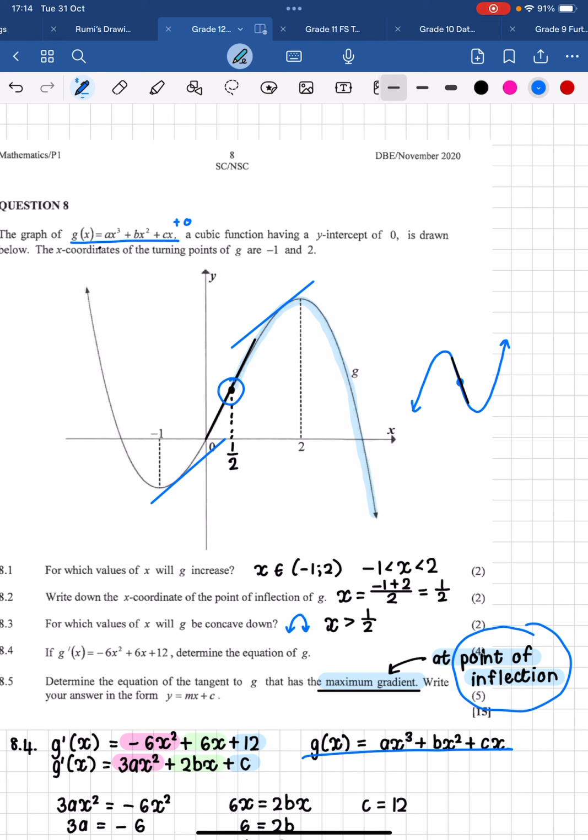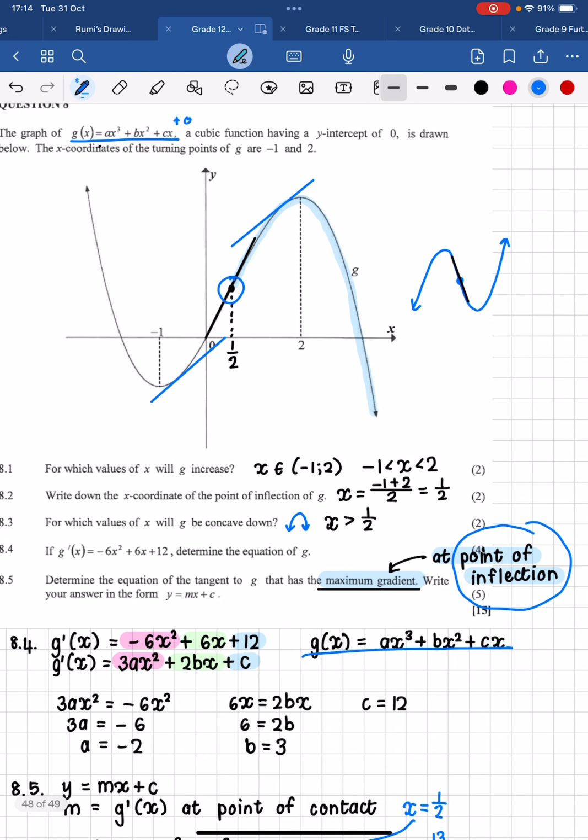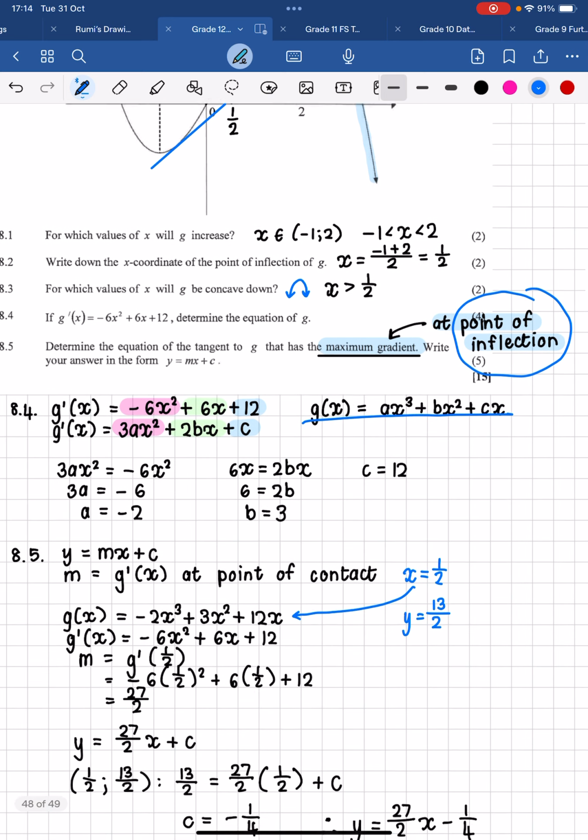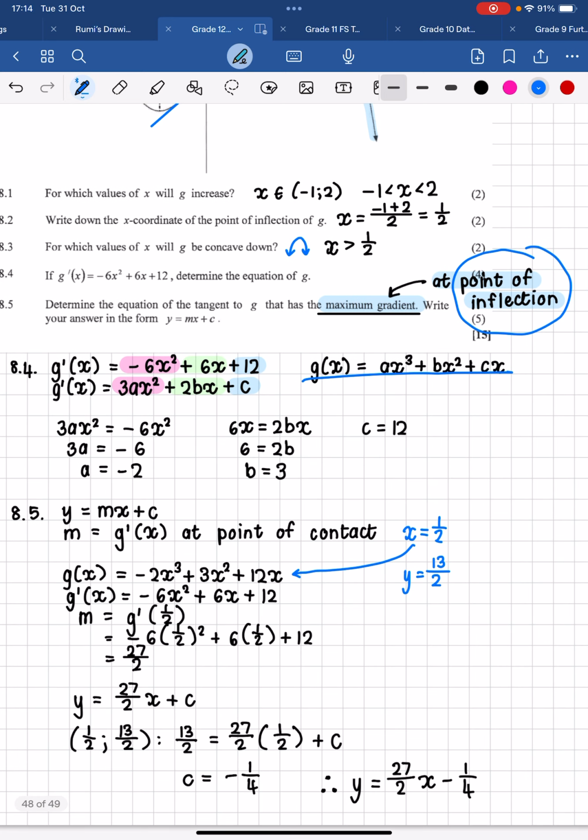So we currently know what the x value of the point of inflection is. So we can find the y value of the point of inflection by subbing it in to the equation of the graph, which is this. This is the equation of the graph, right, of the cubic graph. So if I type all of this into the calculator and I put a half in the place of x, then I get this y value. Right, you substitute the x value in the original equation, exactly.